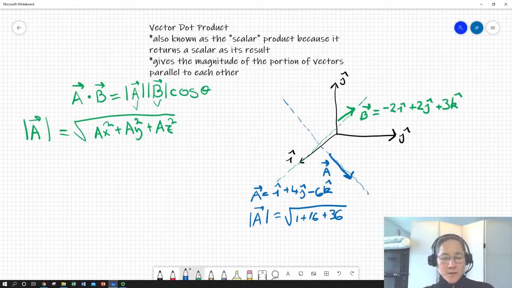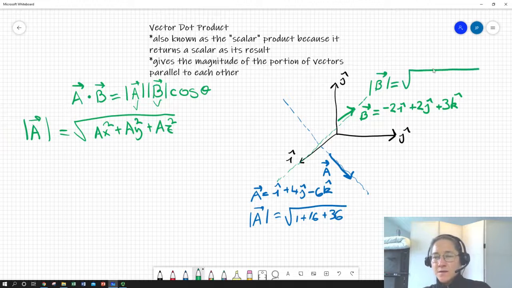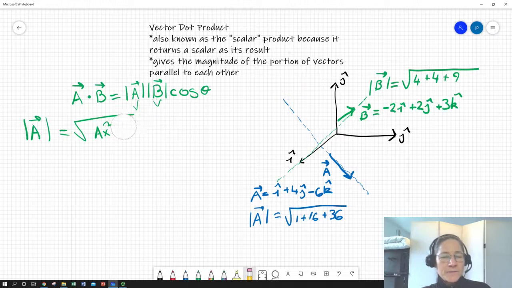And vector B, magnitude, vector B is square root of 4 plus 9. We can crank through the arithmetic later. Make sure we don't make a math error. Okay. So we now have each one of these already.